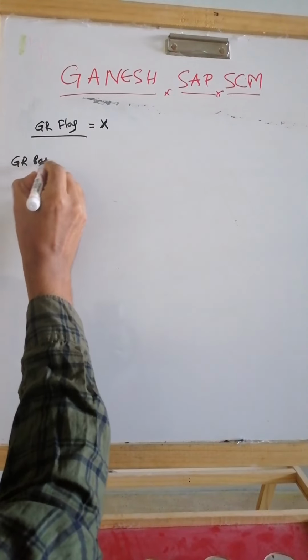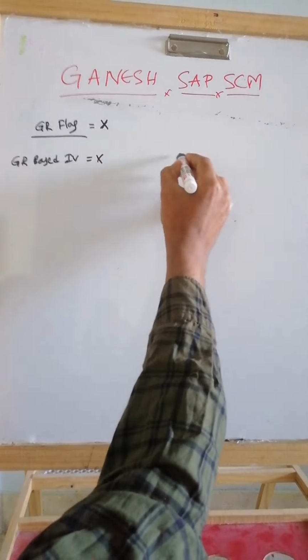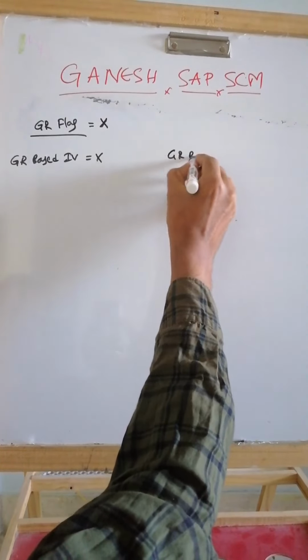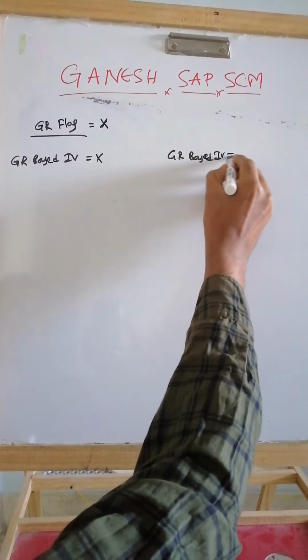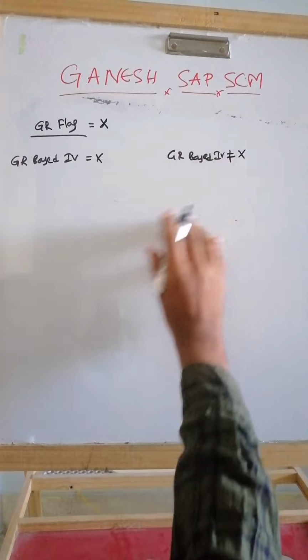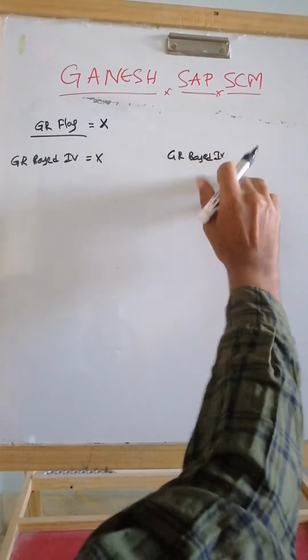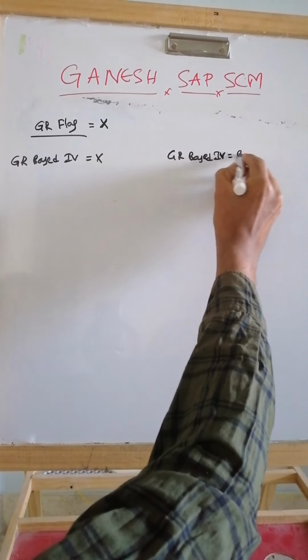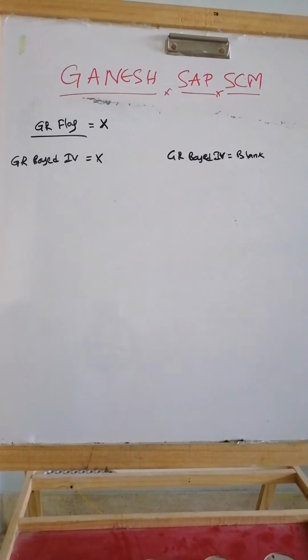GR based IV equal to X or GR based IV equal to blank. We have two cases, GR based IV equal to X or GR based IV equal to blank.